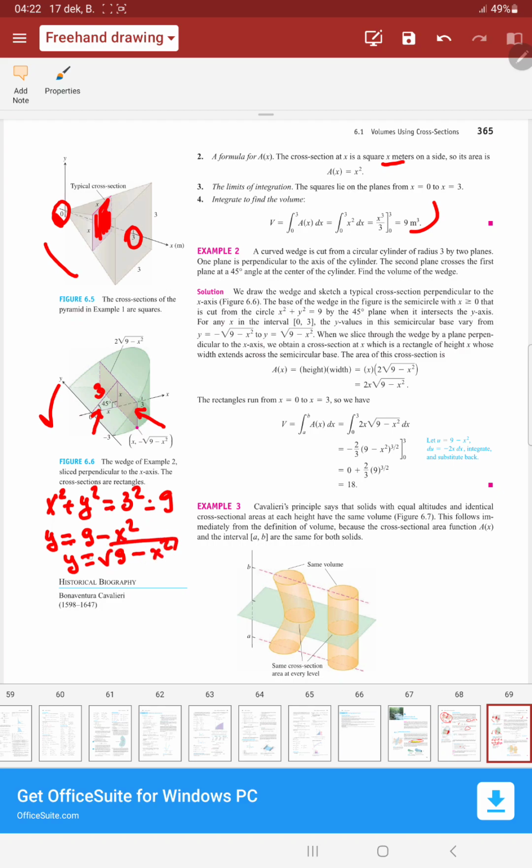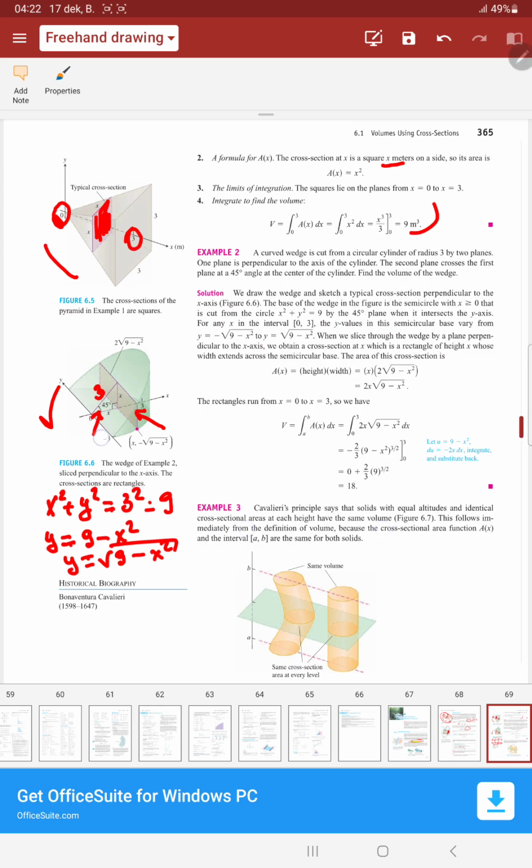Okay, we have plus minus actually, but we won't take minus because distance cannot be minus. And also, it can be minus here, like we have minus coordinates. Let me show you.